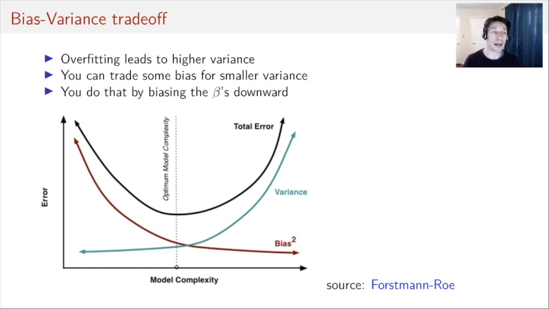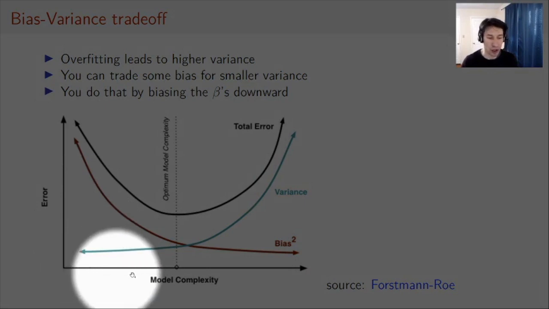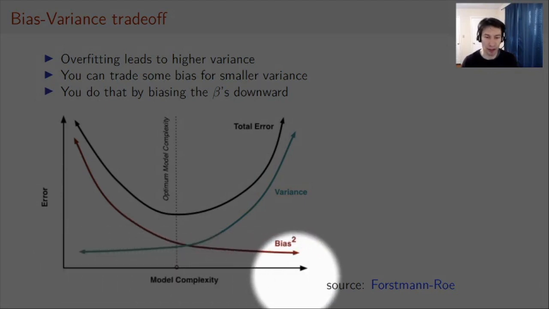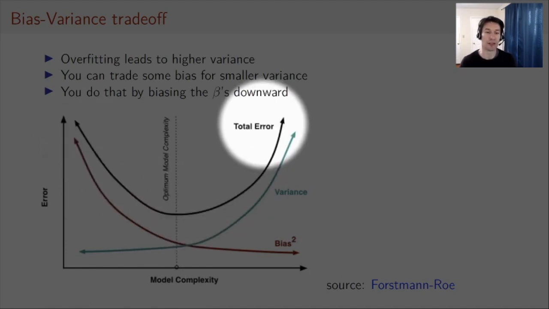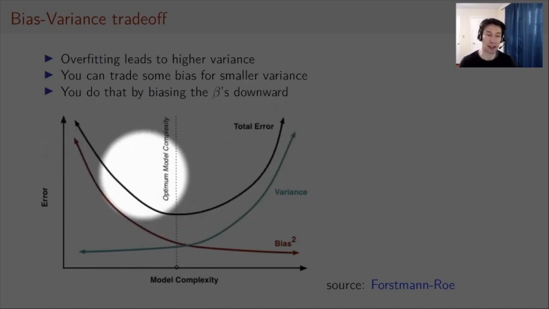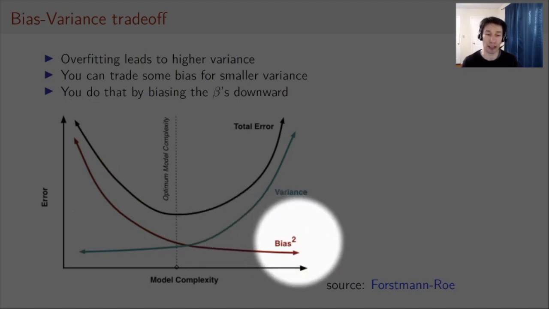Now, if you Google bias variance trade-off, you will get this plot that is ubiquitous that shows you that when you get a model of higher complexity, the error takes a U-shape, if you think of the error as being the bias and the variance. So the bias is really high with the simplest model and really low with a very complex model.